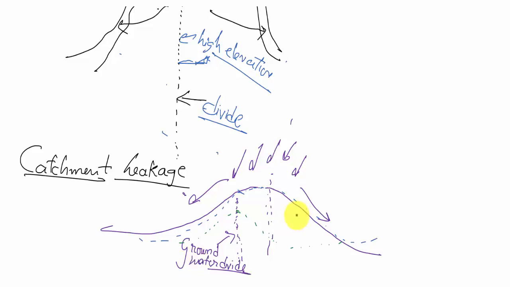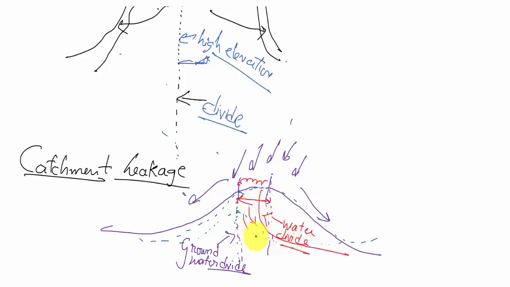Now, there is a difference between this topographic watershed divide and groundwater divide, so these do not match in some cases. So if water falls in between these two divides, then what will happen?